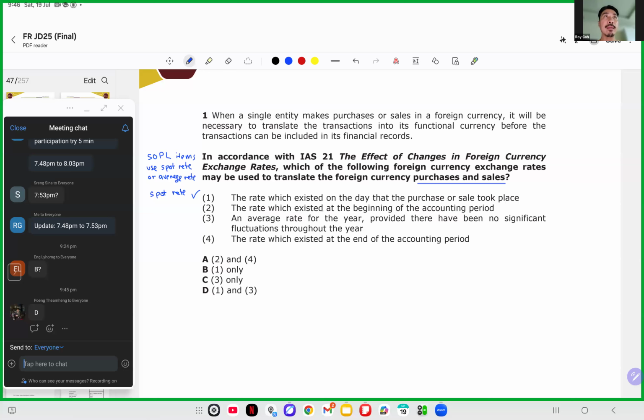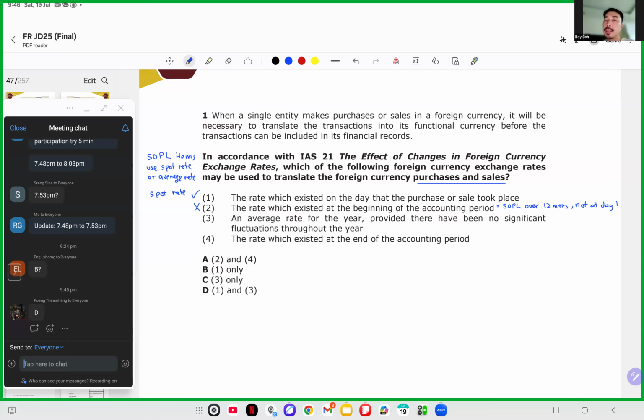The rate at the beginning, no. Why not? Because not all P&L items happen at the same date. Your P&L is over 12 months. Sales are not all on day 1, the first day.